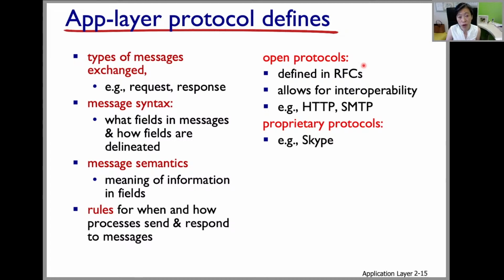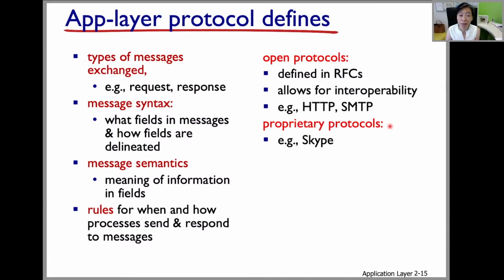So these protocols are open such that if I want to come up with my own browser, because I know what the format of HTTP requests should be like, the syntax, semantics, and rules, then I can write a browser such that it behaves just like the other browsers following the same RFC document. Same for email. These open protocols are nice because each one of us can independently develop a new web browser, a new email reader, a new web server, a new email server.